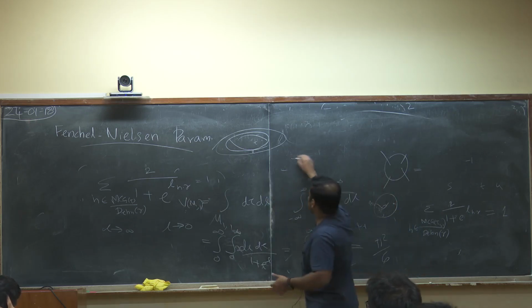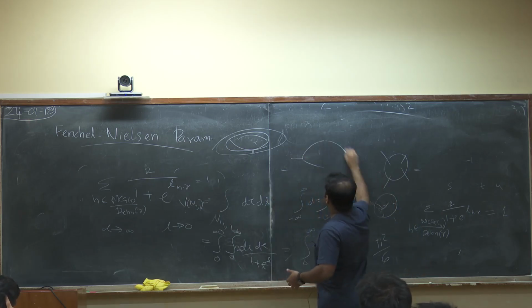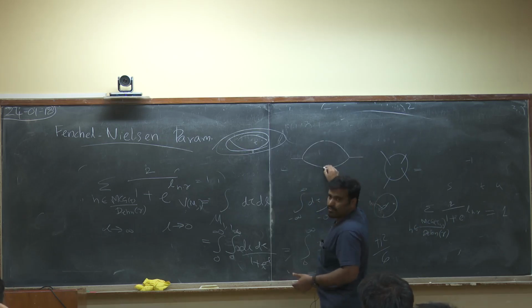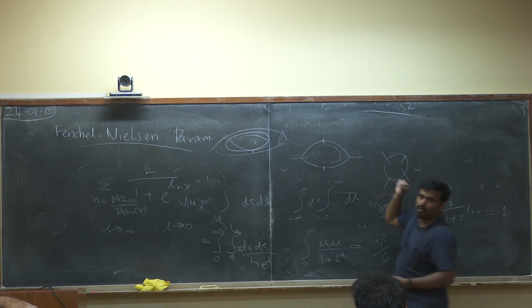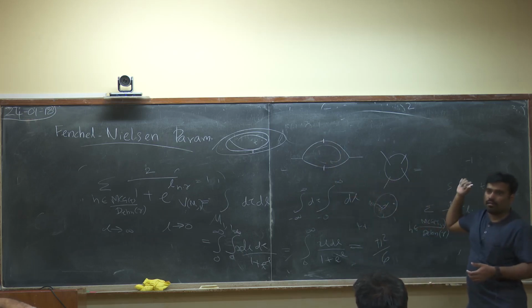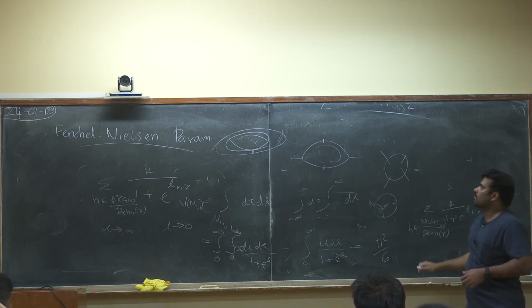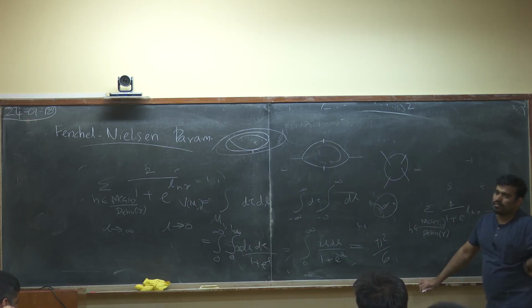In this case your parameter is localized here, so you don't have any parameter running like this. What did you say about not having symmetry?